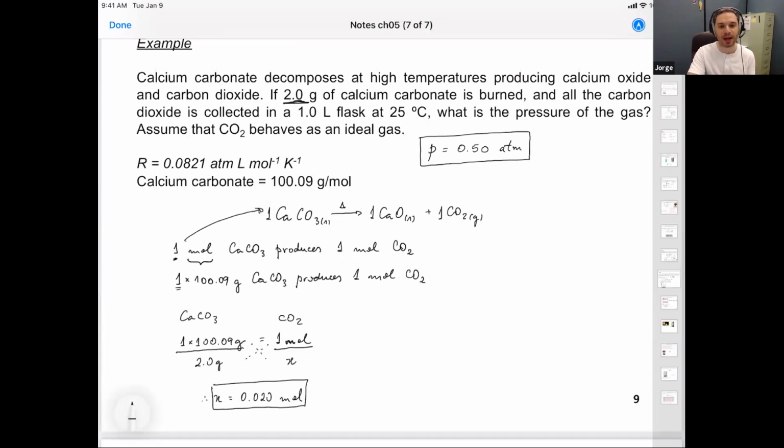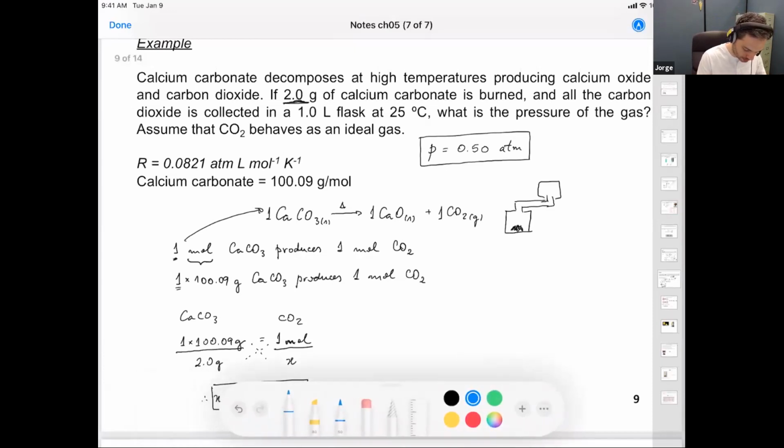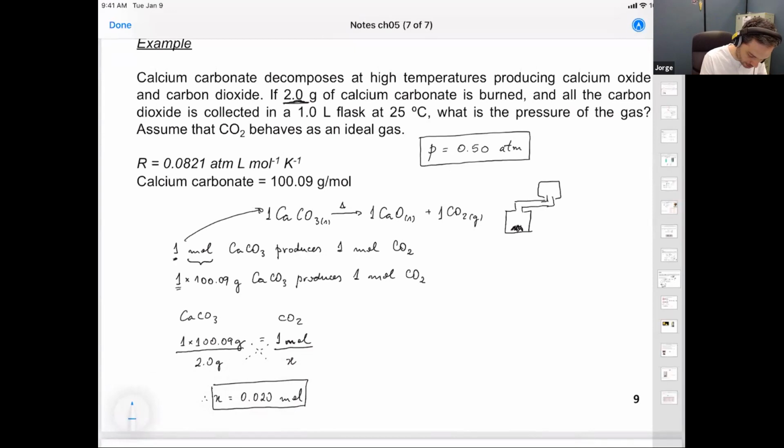We are going to direct all the gas produced to be collected in a 1 liter flask, and we are going to keep the temperature at 25 degrees. So what we are doing here is starting the reaction in some sort of a chamber. So initially we have calcium carbonate. Heating up the calcium carbonate will produce CO2 gas that's going to be directed to the collecting flask over here at the top.